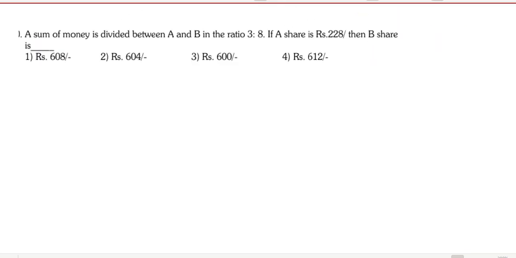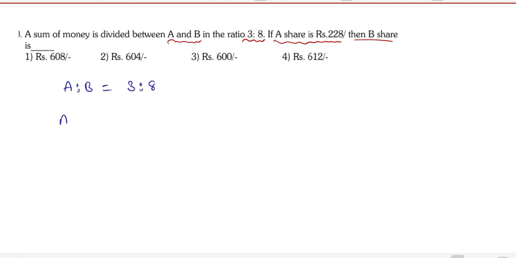Okay, now let us go with the next question. Ninth question. A sum of money is divided between A and B in the ratio of 3 is to 8. If A's share is 228, then what is B's share? Here, the ratio between the shares of A and B is given as 3 is to 8.